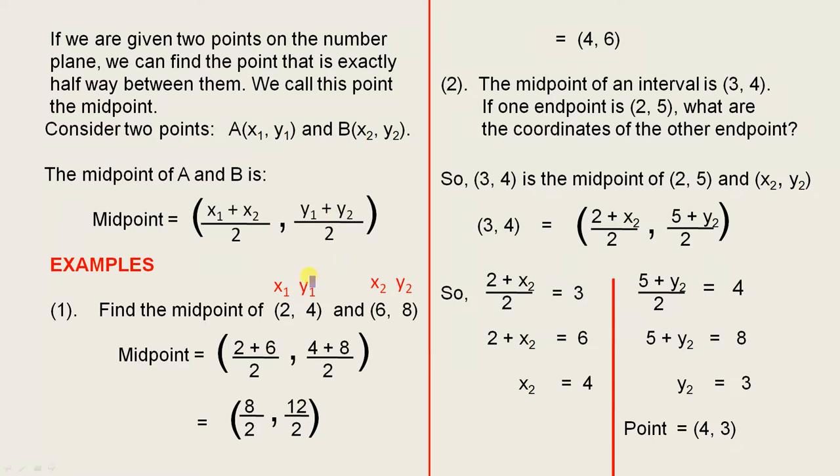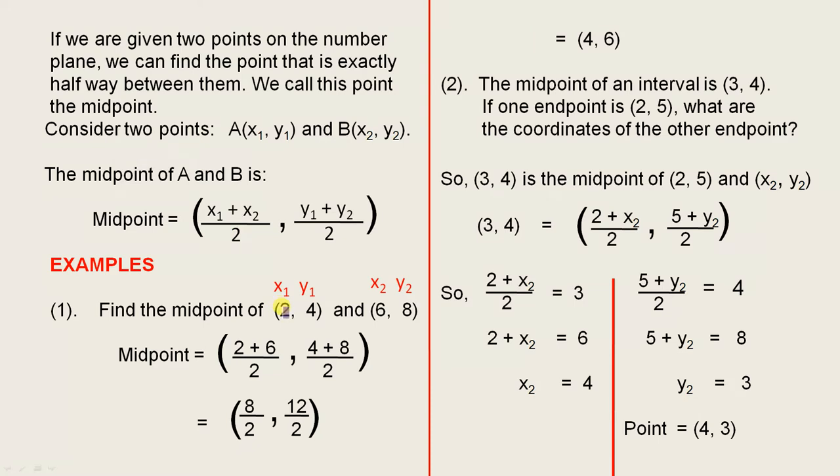We're going to find the midpoint of (2, 4) and (6, 8). If we let the x value equal x1, and this y value is y1, therefore we have x2 and y2. So, the formula says that the midpoint is the sum of the two x values on 2.